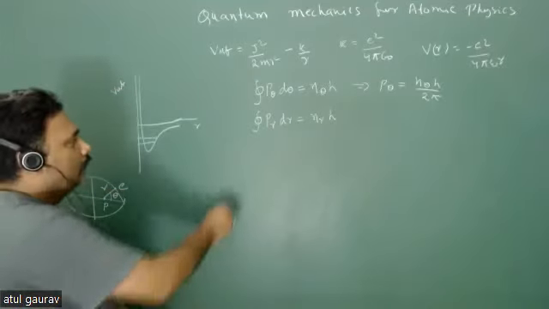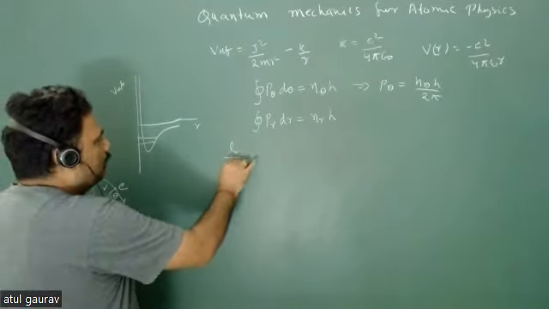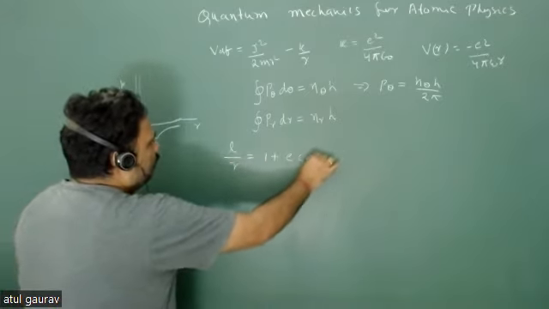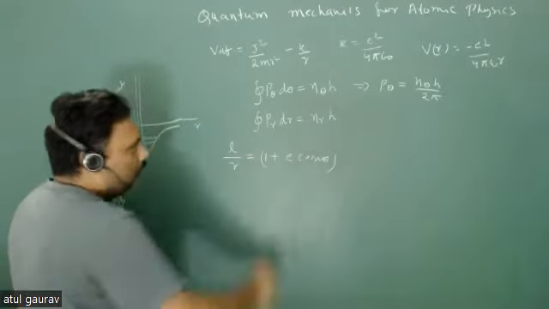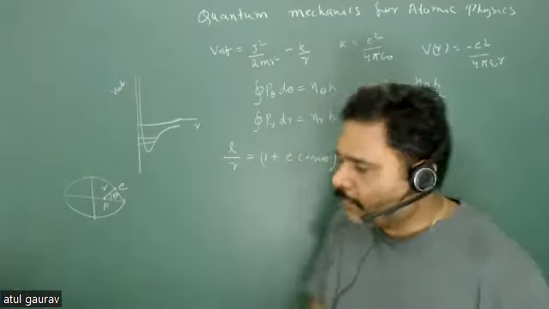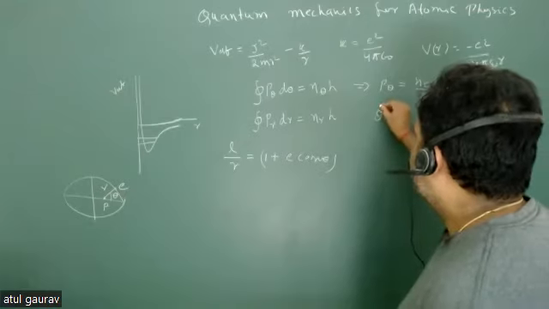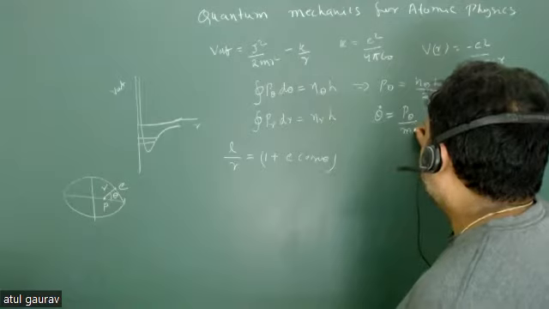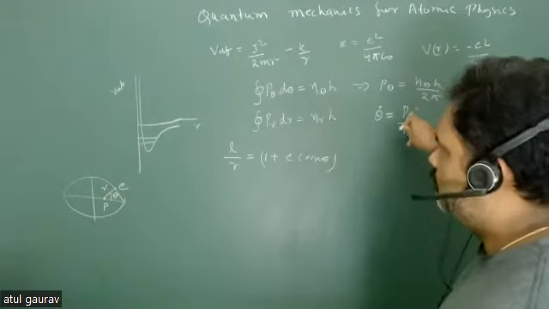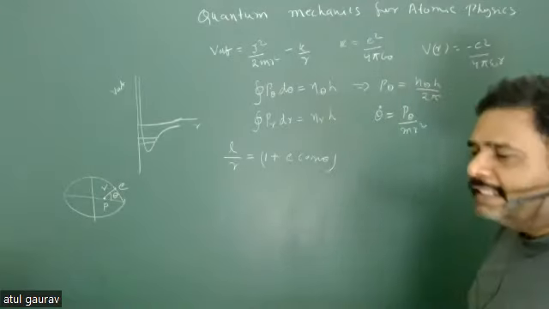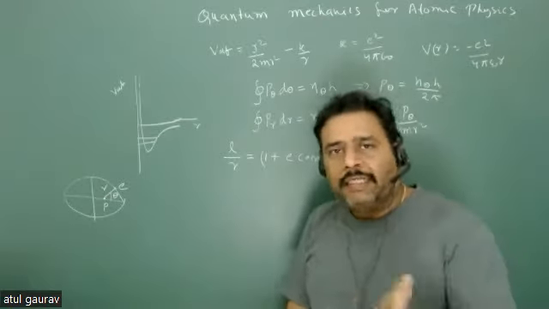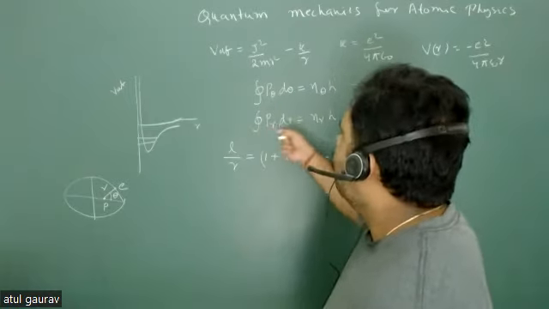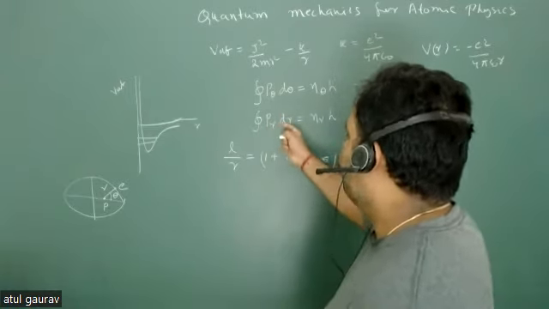Then you can use this equation: l upon r is equal to 1 plus e cos theta. And what is theta dot? Theta dot is nothing but P theta upon m r square, and P theta is constant. P theta is the J we took in classical mechanics, which is constant. So the whole idea is how we can get this integral of P r dr.